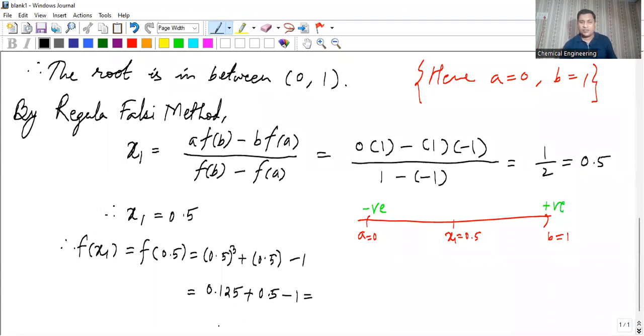What is the value of this function? Please calculate with me. It is minus 0.375.